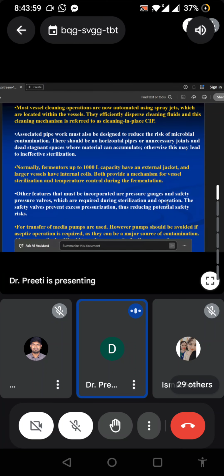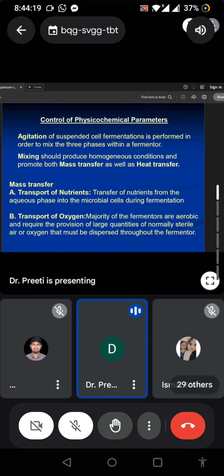So other type of features that you need to include, there's pressure gauge, pressure বেড়ে না যায়, যেগুলো অটোক্লেভে সব জায়গায় থাকে, safety pressure valves, so all those things should be there. Pumps etc. use বেশি করা, avoid করা উচিত, because this may suck external air and through which contamination may come.